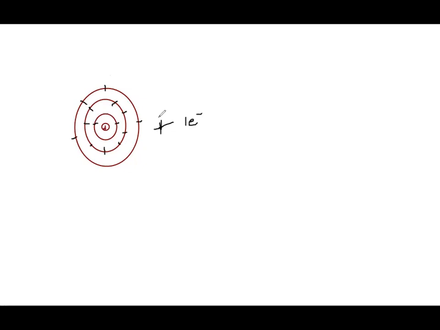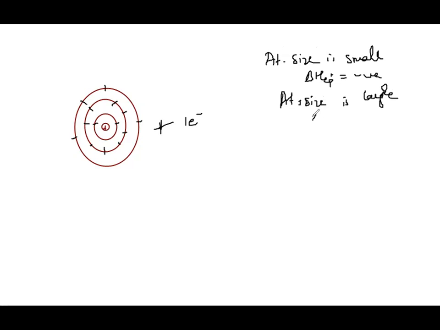If the atomic size is small, then it will gain the electron very easily and the electron gain enthalpy will be negative. If the atomic size is large, then nuclear attraction is less. Therefore, we have to forcibly make it gain the electron, so it will be positive. In the first case it is exothermic, and in this case it is endothermic.